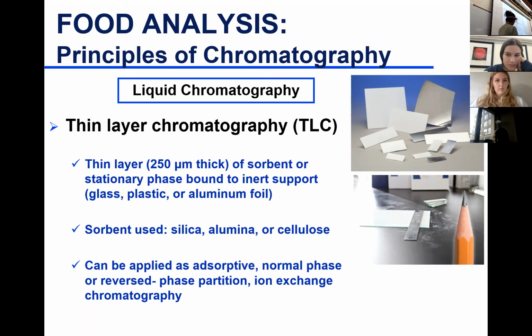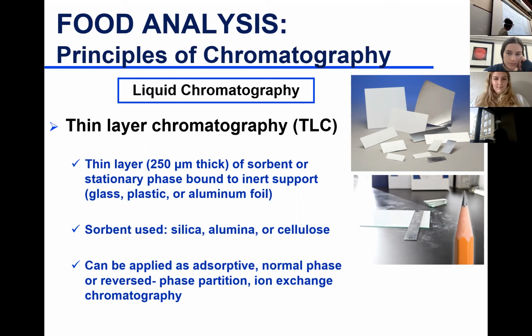Now you can actually buy them and you can get silica, alumina or cellulose. But the most common is the silica covered plates. You can get the plates mostly now in plastic, but you can also have glass or, I think mostly, aluminum foil is what you find.